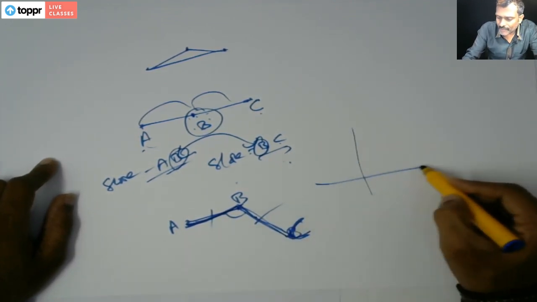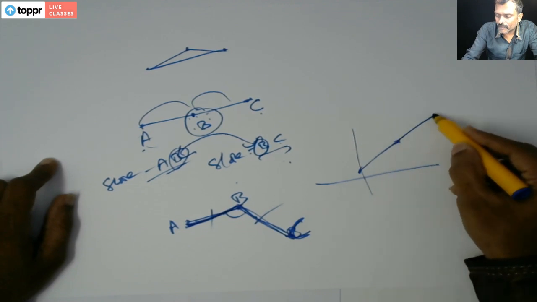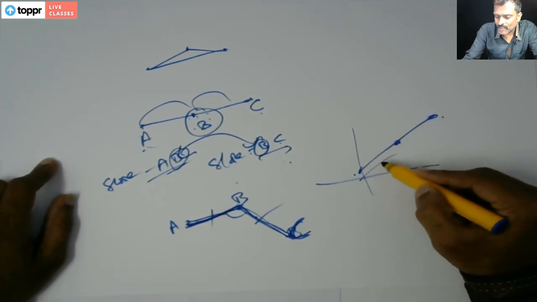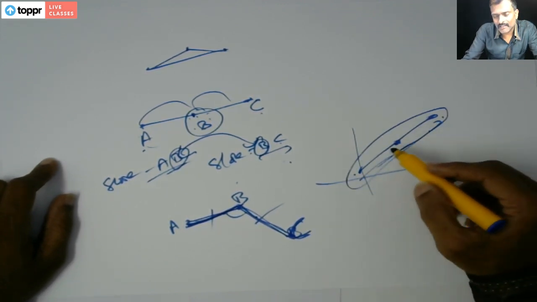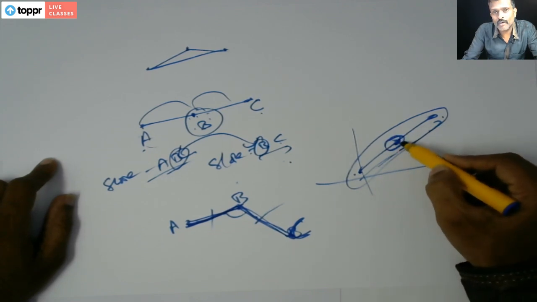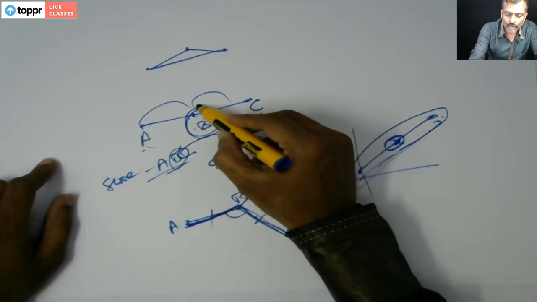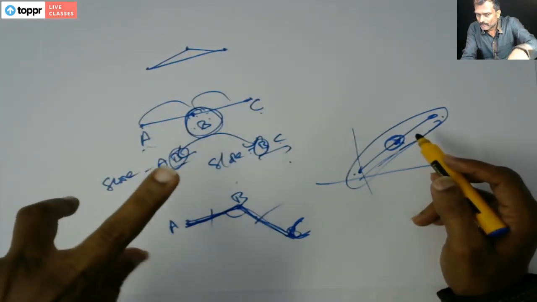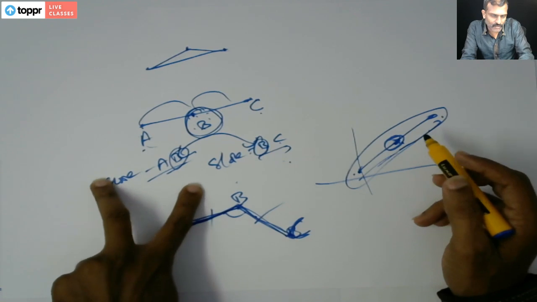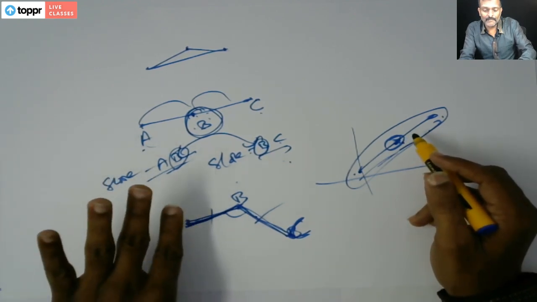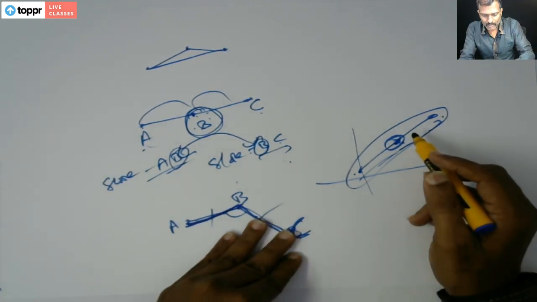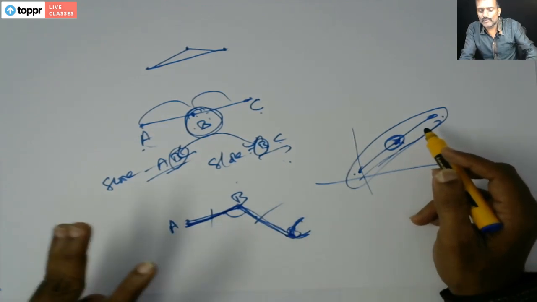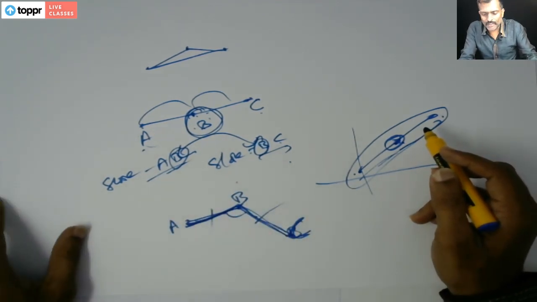So whenever you prove that the slopes of the lines AB and BC are equal, then you can easily say that the 3 points are collinear, when the point is common. So when you have a common point here, you can simply say they are collinear. So always pick this version whenever you are solving this type of question, like simply say AB and BC have equal slopes, so A, B, C are collinear.